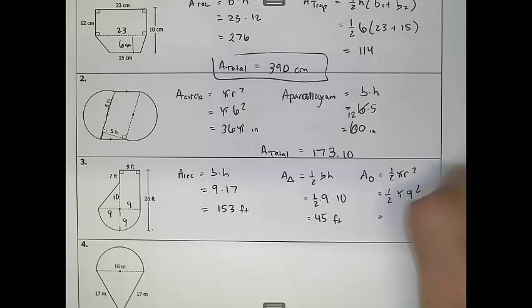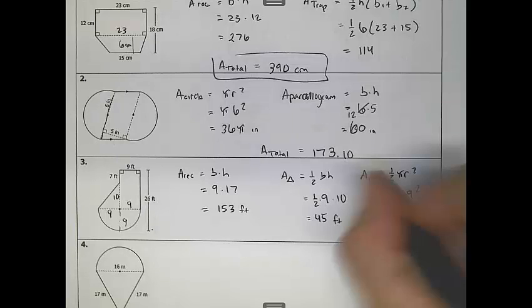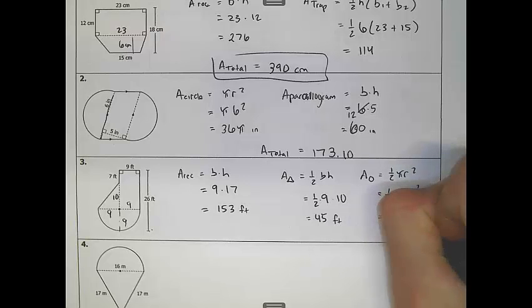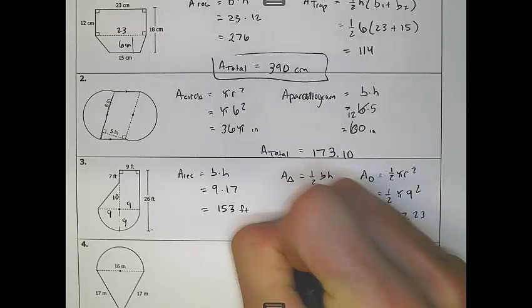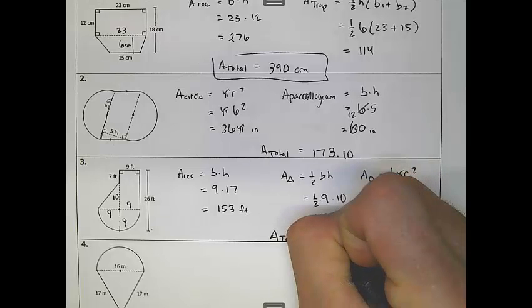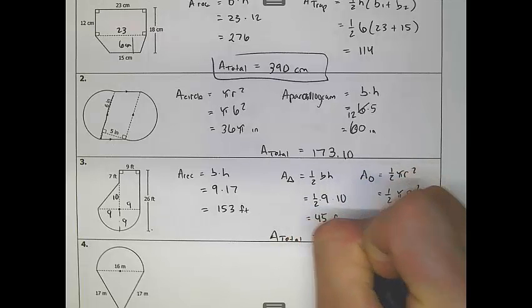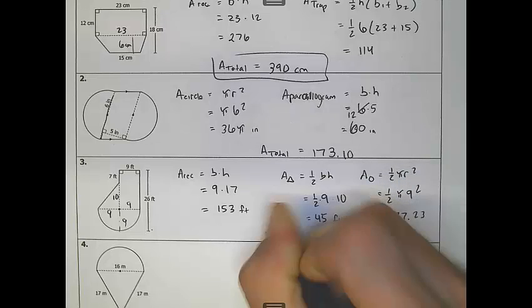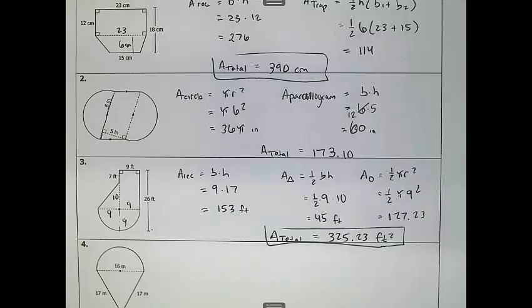You guys can evaluate that, which is 127.23. And then if we add up the total area of the whole figure, we get the right answer of 325.23, and that's square feet. Don't forget your units, and there's our answer.